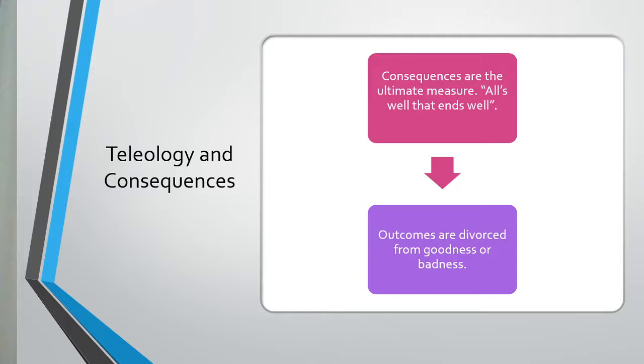But that's another discussion. The outcomes are divorced from the goodness or badness of the action that I'm taking. And President Harry Truman made a decision to drop a bomb on Hiroshima. And Colonel Paul Tibbets took it upon himself to drop that bomb on Hiroshima.